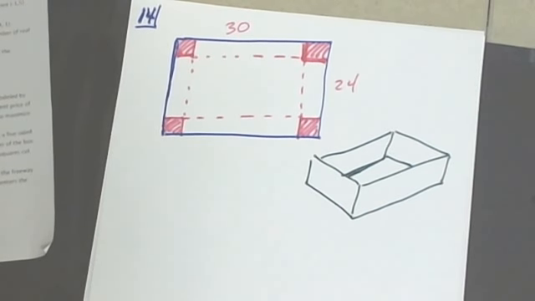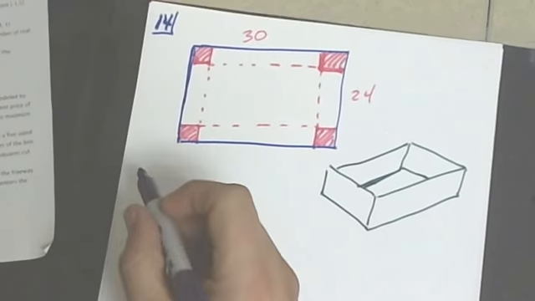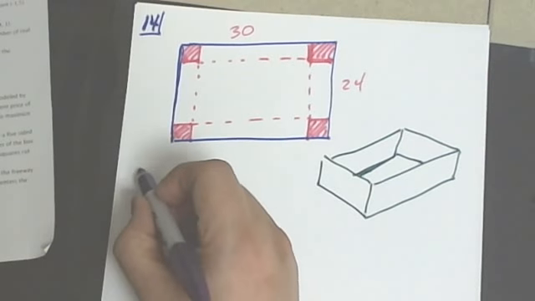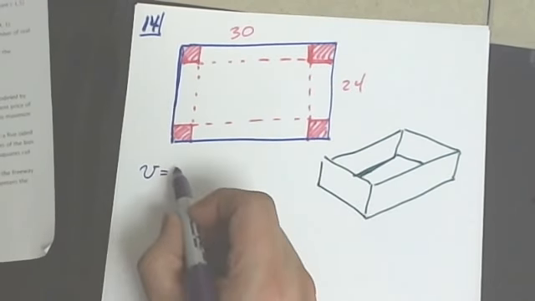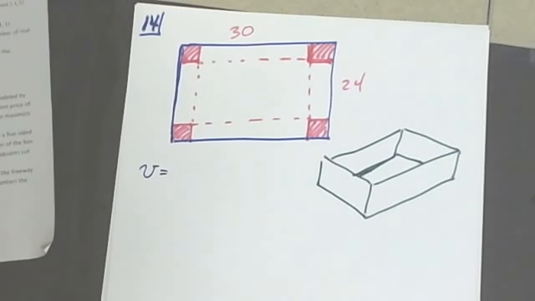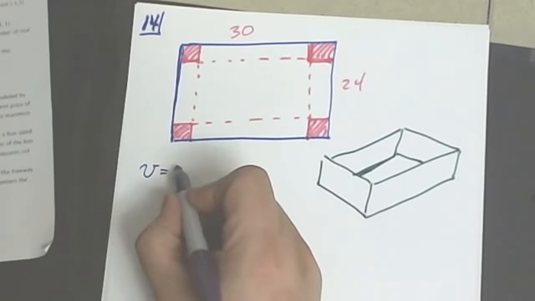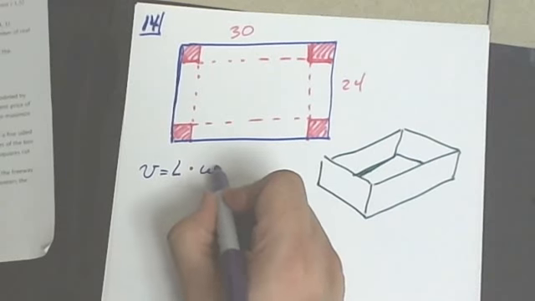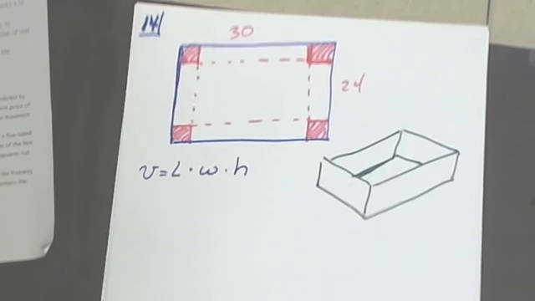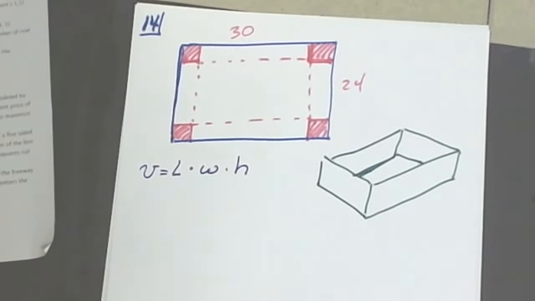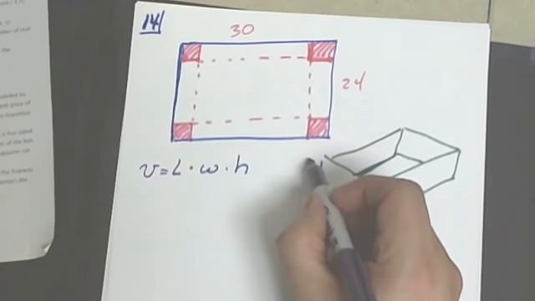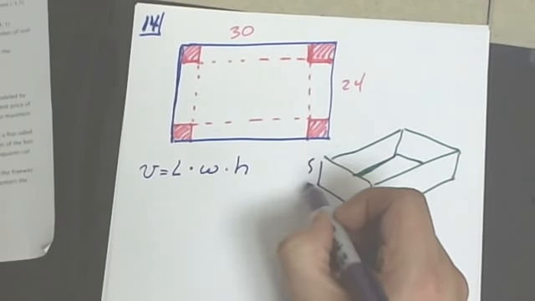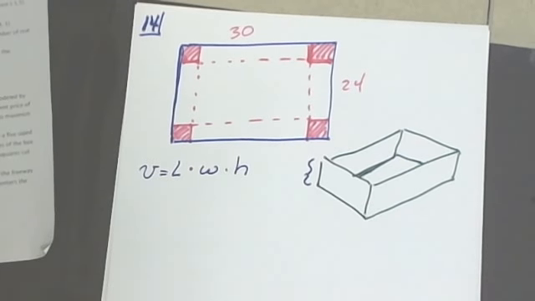so if we want to build an equation for this, we have to remember how to find the volume of a rectangular solid. So the volume of a rectangular solid, a box, is length times width times height. So we have to figure out an expression for length, width, and height. So this height there, that's what we're cutting off.